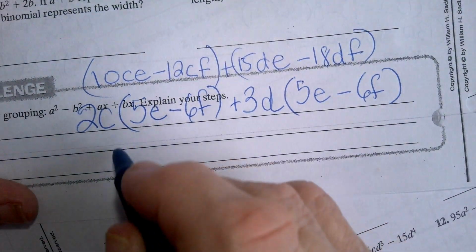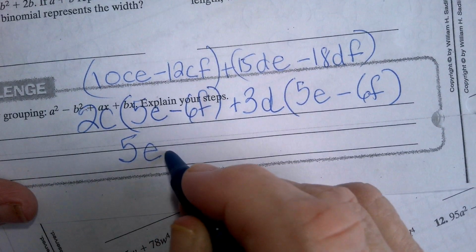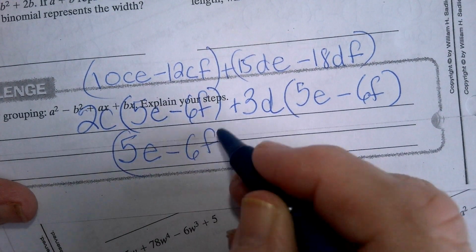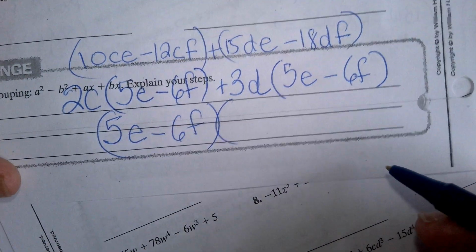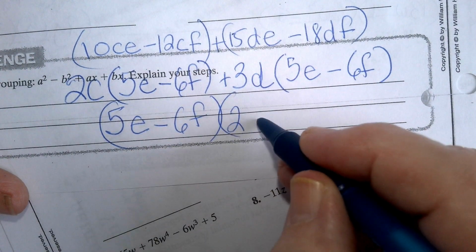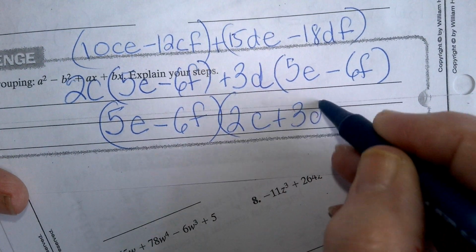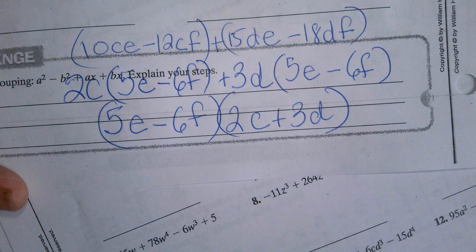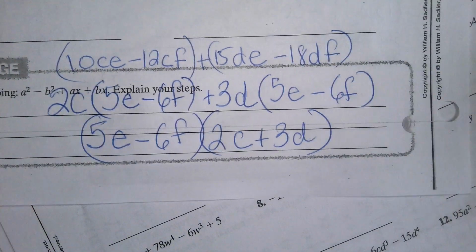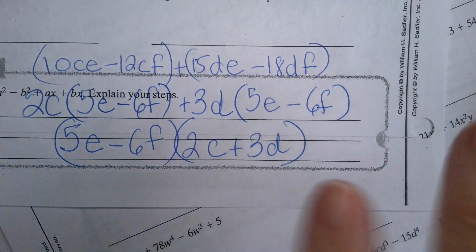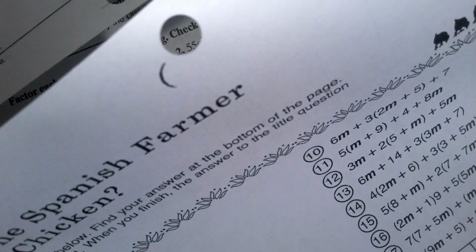So it ends up being 5E minus 6F, and the other parentheses is 2C plus 3D. And that's it. Does that kind of make sense? Okay. That you can switch things around, try to pull out a letter and a number.